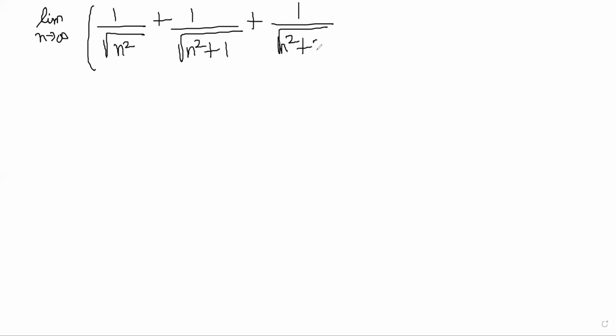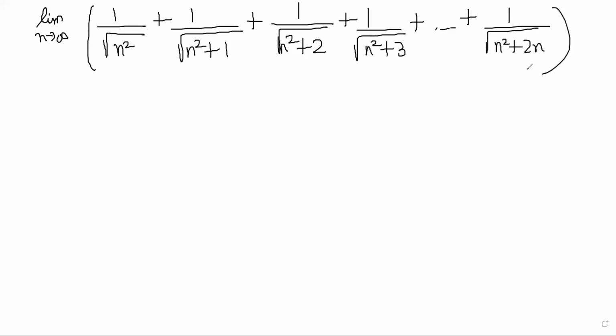Square plus 2 plus root over n square plus 3 plus this root over n square plus 2n. 1 plus 1 by n, 1 by n square, 2 by n square, 3 by n square, 2n by n square.